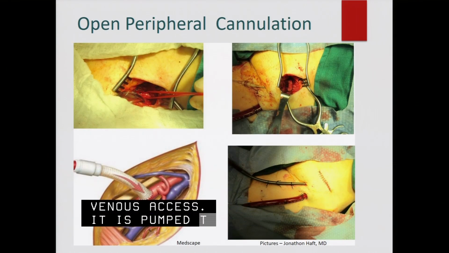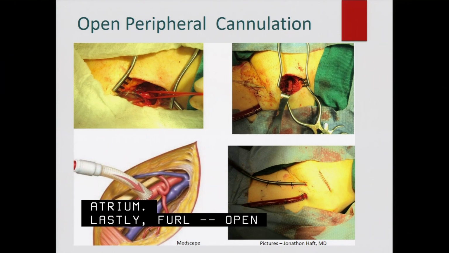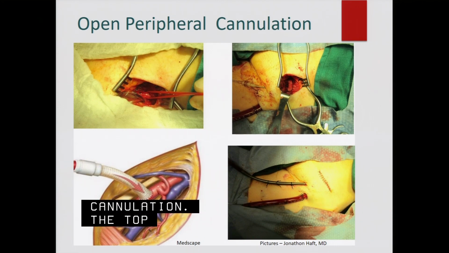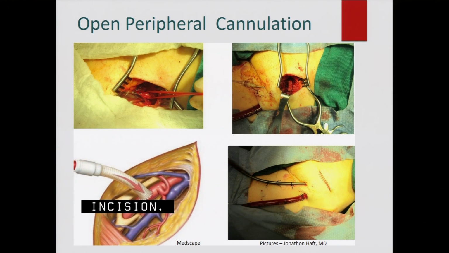Lastly, in the diagrams is open peripheral cannulation. This is different than peripheral endovascular in the sense that the top left picture shows an incision with a retractor. The fascia over the femoral artery has been dissected, and the femoral artery has been dissected free and isolated in this red vessel loop.